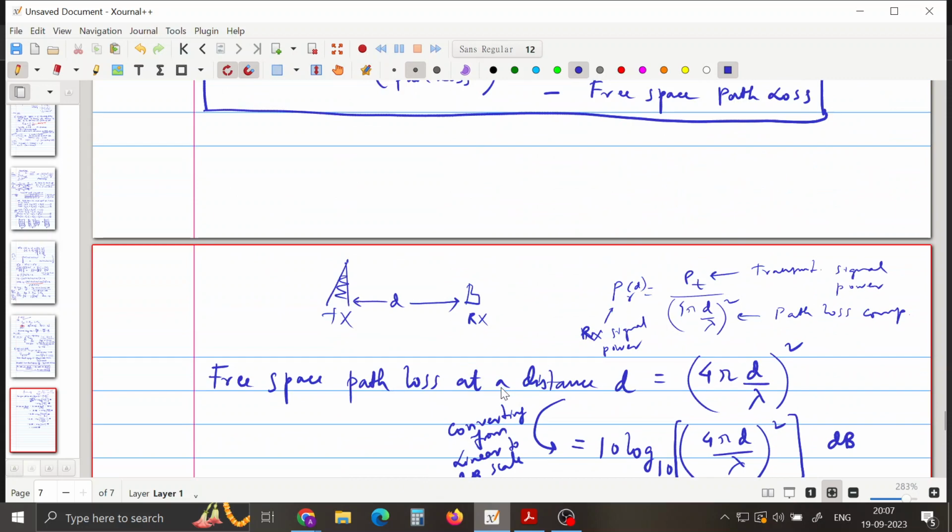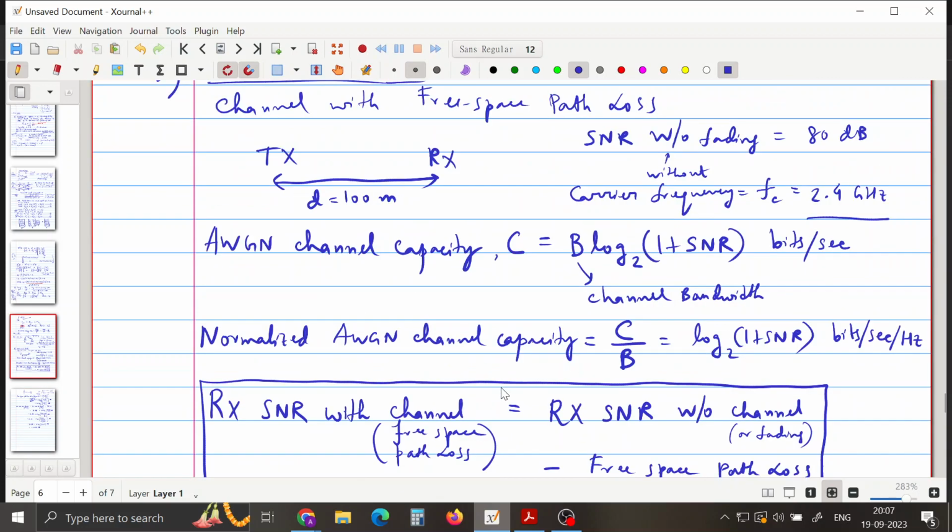But we need to find the normalized capacity, right? This C by B, log base 2 of 1 plus SNR. But here my SNR should be in linear scale only. It should not be in dB. So here SNR in linear scale.